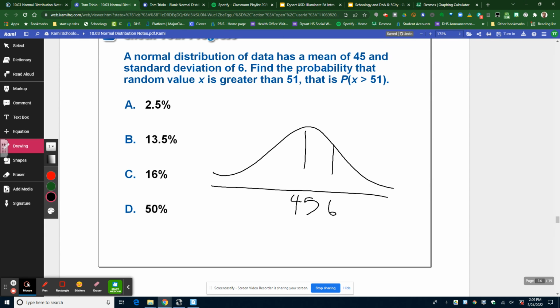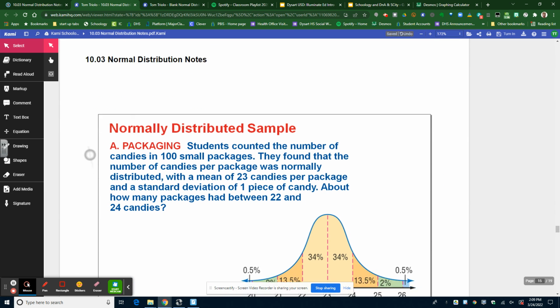So 45 plus 6 is 51. So I'm looking at the one that's 13 and a half plus a couple more. Which one is 13 and a half plus a couple more? 16. 50 is way too much. That's the whole right-hand side. Okay. So 13 and a half plus 2 is 15 and a half plus the other half is going to give me 16%.